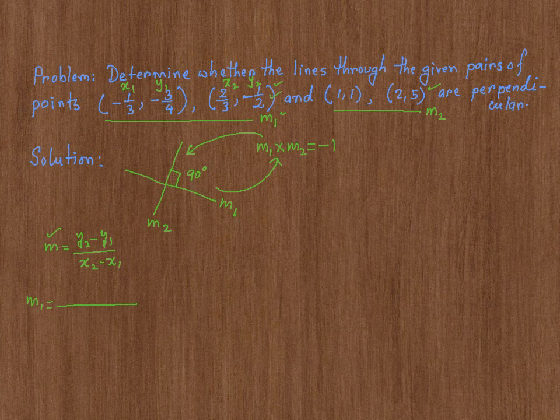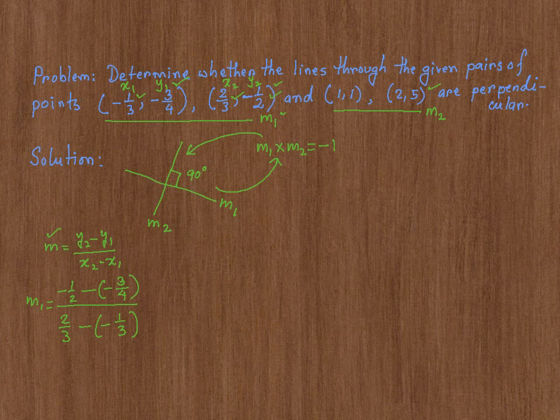Here is my y2, -1/2, minus y1. My y1 is -3/4, so I'm going to put it inside the parentheses to avoid any confusion. Then x2 is -2/3 minus x1 is -1/3. I'm going to put it inside the parentheses.